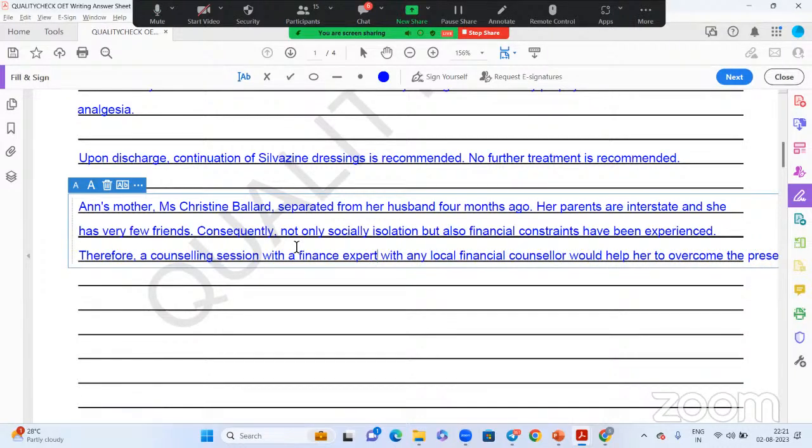Advice regarding financial management can be provided by a local financial counselor. Anyway you can write. One second. So, arranging a meeting, that's better.